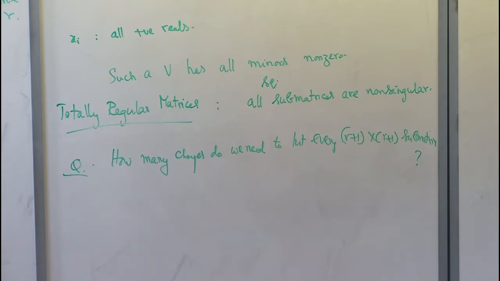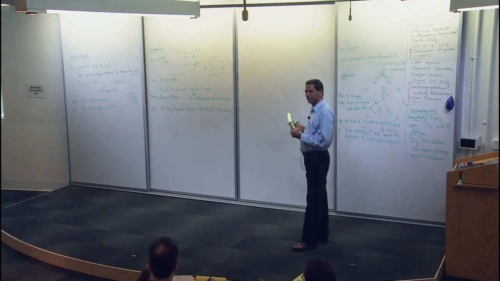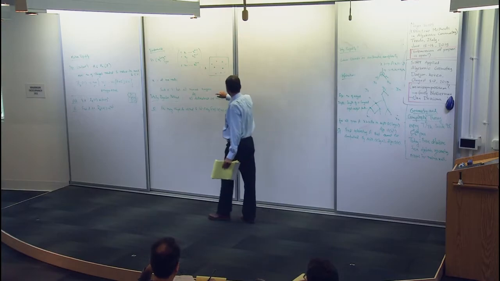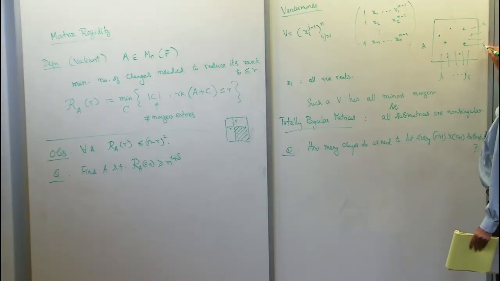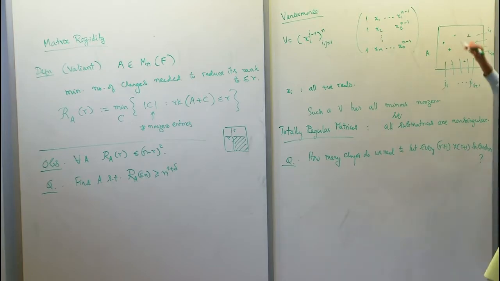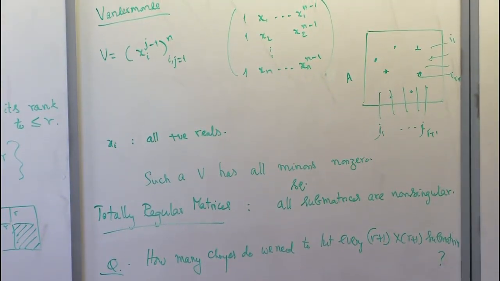These are combinatorial submatrices. When I say R plus 1 by R plus 1 submatrix, I'm picking some rows I1 through I R plus 1, and some columns J1 through J R plus 1, and I'm looking at the intersections of those rows and columns. They're just submatrices, all right?